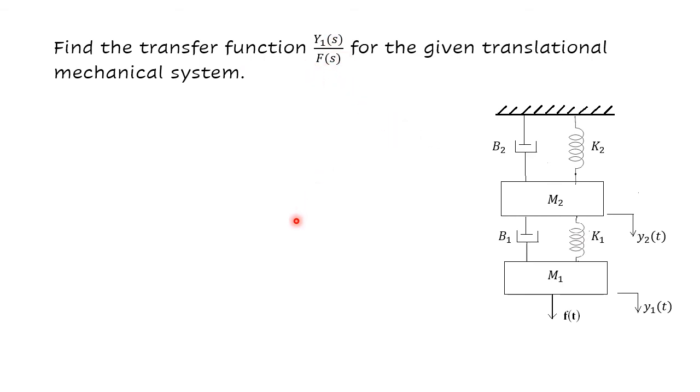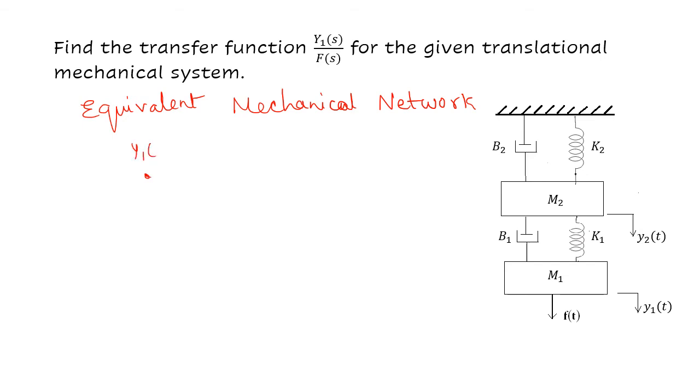So first we draw the equivalent mechanical network. To draw it, we need to consider the displacements y1 and y2, which we represent as nodes in the mechanical network: y1 of t and the second node y2 of t.